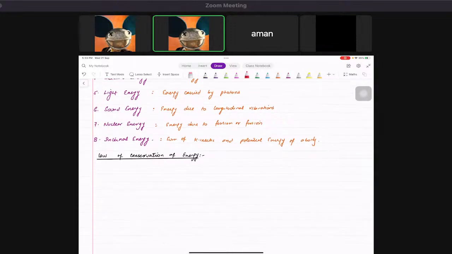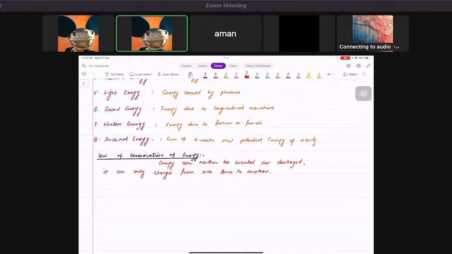So energy can neither be created nor destroyed. It can only change from one form to another. So you can't just create energy, you can't just destroy it. You can just get energy from one form and then convert it to another. That's how things work. Okay?